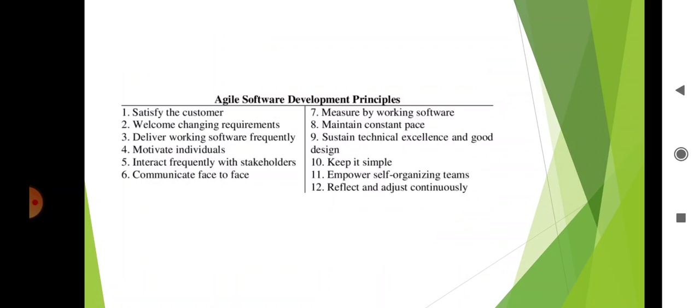First is customer satisfaction, second is welcome changing requirements, third is deliver working software frequently, fourth is motivate individuals, fifth is interact frequently with stakeholders, sixth is communicate face to face, seventh is measure by working software, eighth is maintain a constant pace, ninth is sustain technical excellence and good design, 10th is keep it simple, 11th is empower self-organizing teams, and last is reflect and adjust continuously. These are the 12 principles of agile software development.